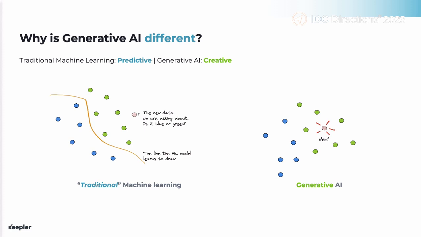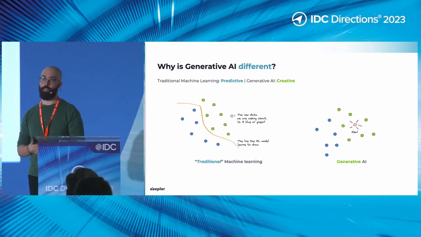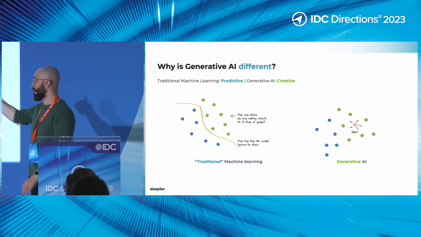And if I put in a new ball that the model has never seen, it's going to check on which side of the line it is and how far from the line it is.